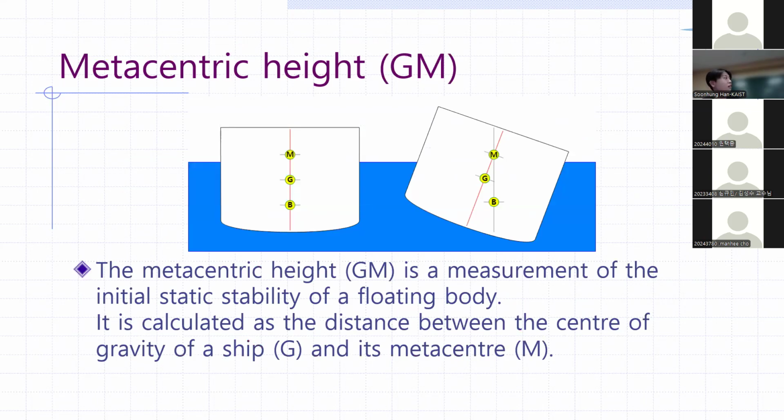And this is the concept of the metacentric height. The metacentric height is a measurement of the initial static stability of a floating body, and it is calculated as the difference between the center of gravity of the ship and its metacenter.